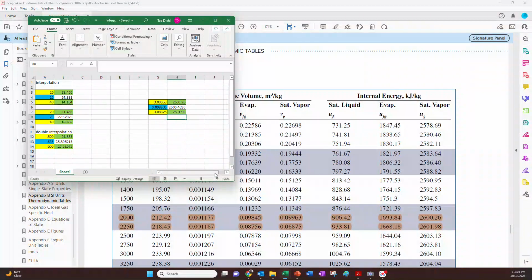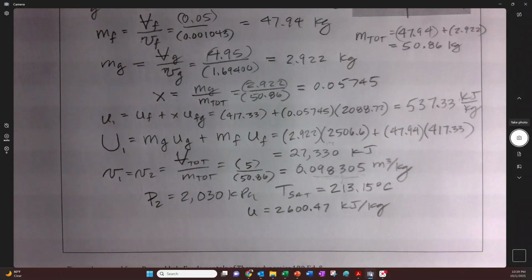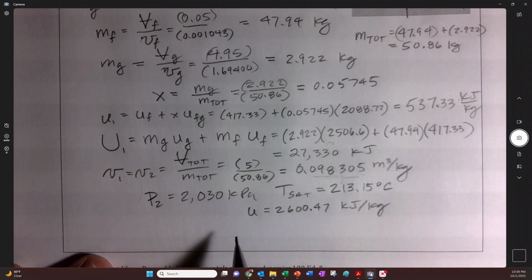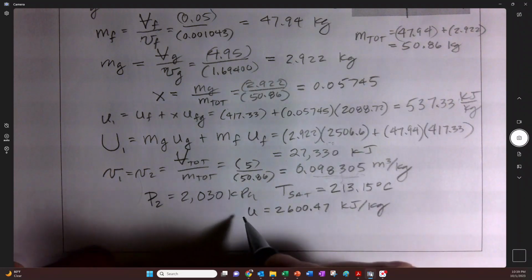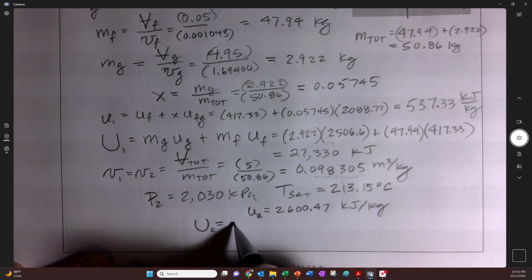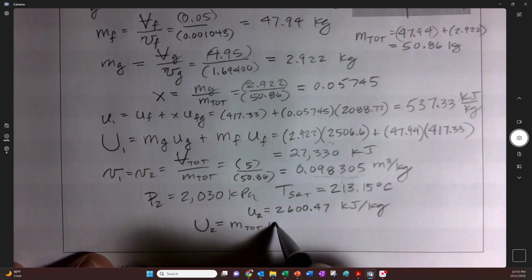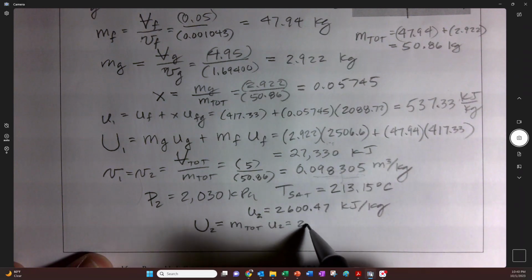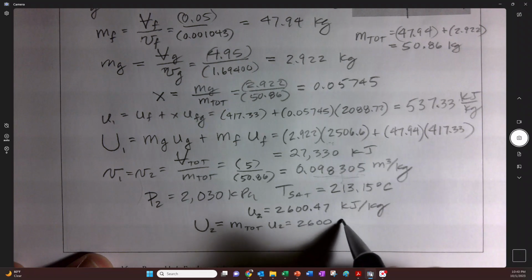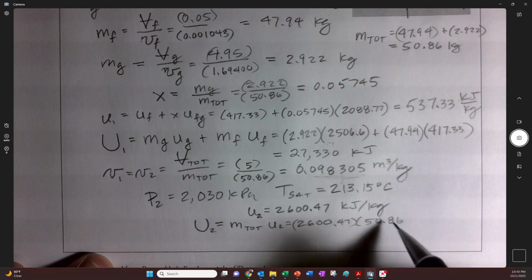And so what we would do to solve the rest of this is find what big U is going to be. Big U, this is U2, is going to be equal to m total, as everything turns into steam, times u2, or 2,600.47, times our 50.86, right up here.